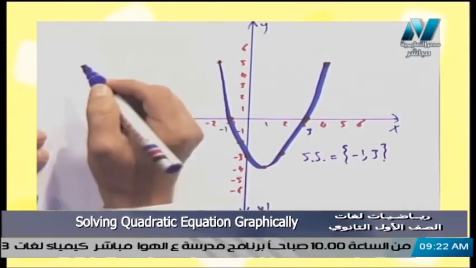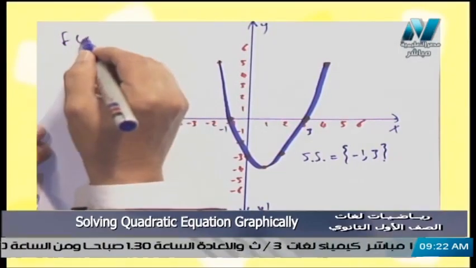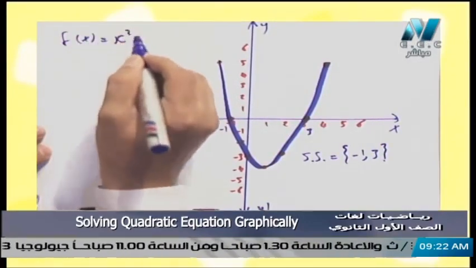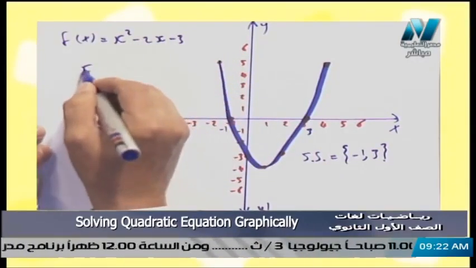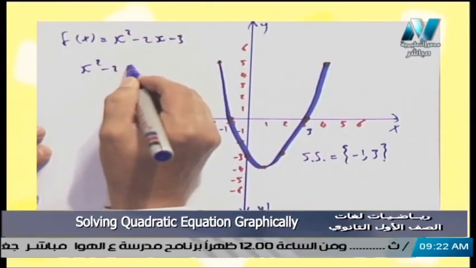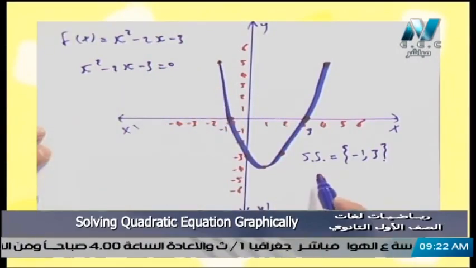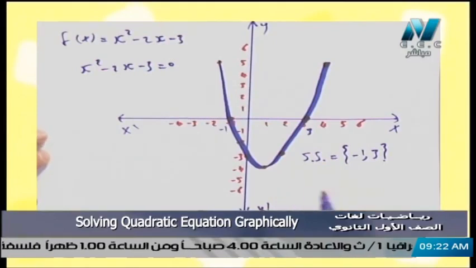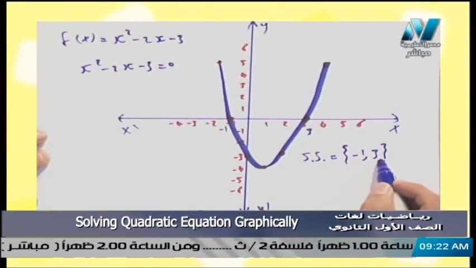Now we graphed the function x power 2 minus 2x minus 3, and we solved the equation x power 2 minus 2x minus 3 equals 0. Its solution set is these numbers. What is the meaning of the solution set equal -1 and 3?